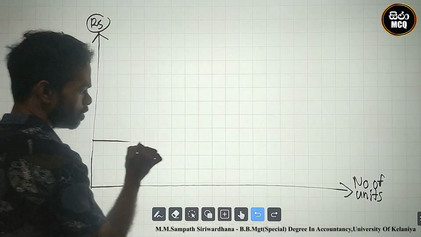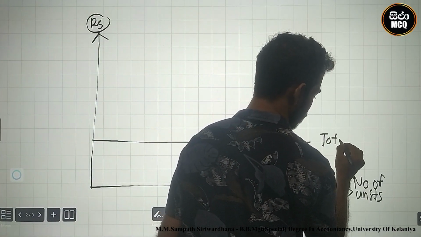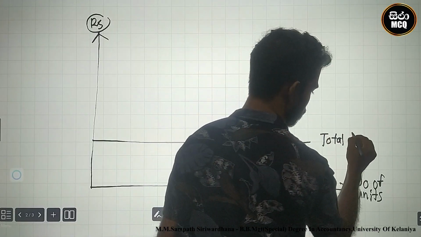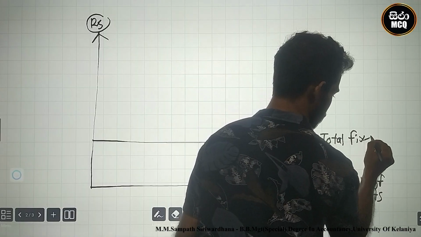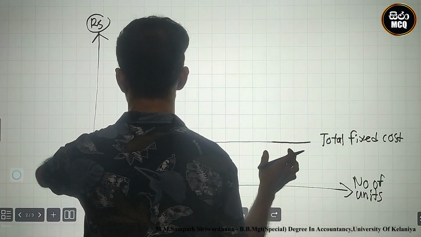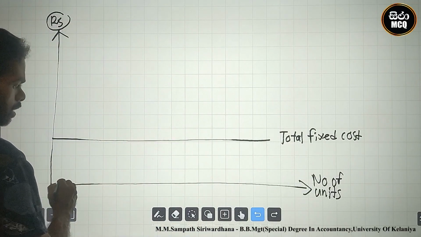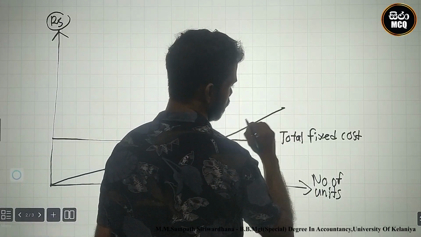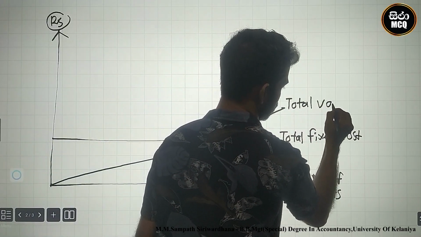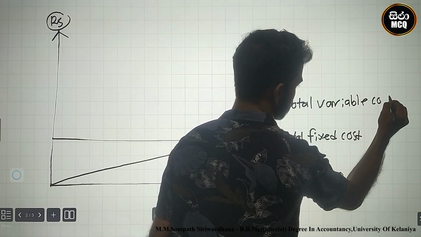Okay, at that time, what are the draft? Look here, firstly I can identify total, what is this? Total fixed cost. After that I can identify this is the total variable cost.